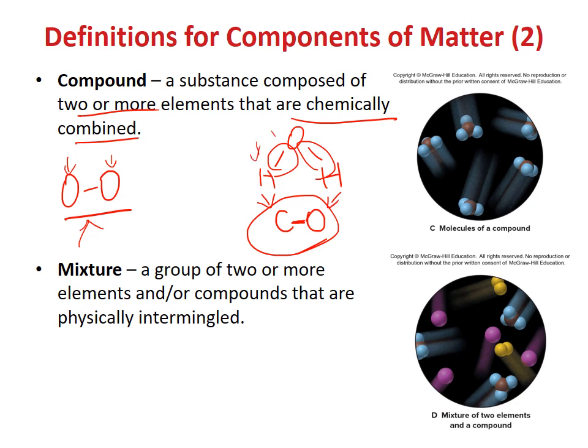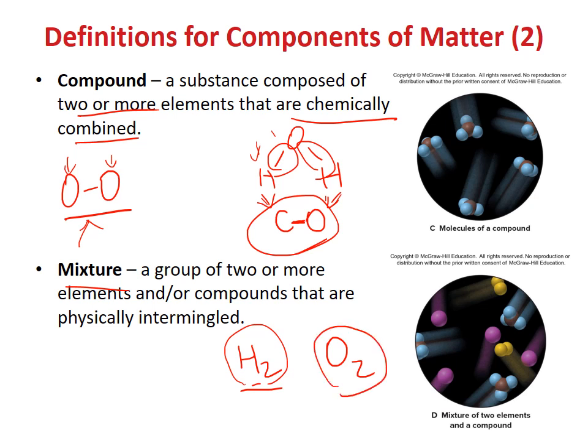Now, if two different elements are not chemically bonded, then it's called a mixture. For example, you have hydrogen and oxygen. Hydrogen gas contains molecules with two hydrogen atoms bonded together, so it's a hydrogen molecule.